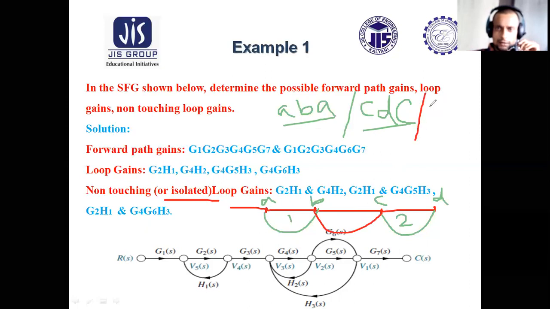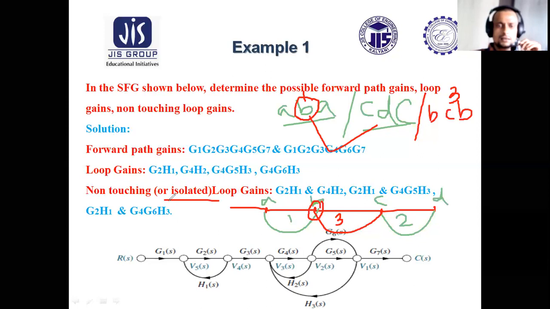So the third loop is B, C, D. Now these two loops are not touching each other, but loop 1 and loop 3, see here, there is a common point between loop 1 and loop 3, that is B. So these two loops, 1 and 3, are touching each other at point B. That is why we cannot say loop 1 and loop 3 are non-touching. These two are touching loops.